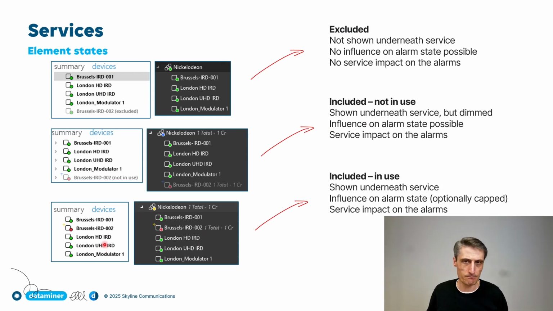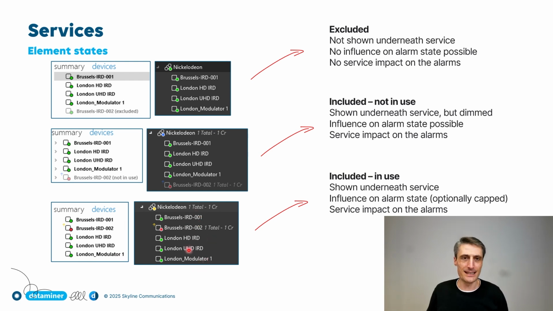That's the last one. This one is everything is included, and everything is in use, so they are all in bold, completely included, not dimmed out, not marked with anything. Everything is all nicely in there.